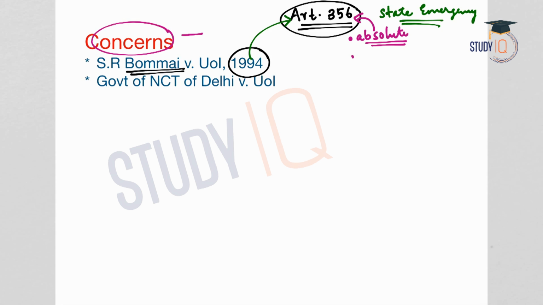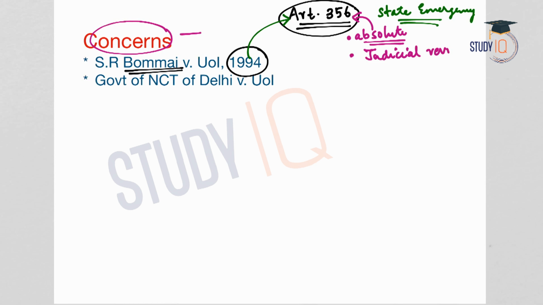The second important highlight of the judgment was that the presidential proclamation under Article 356 is subject to judicial review. That means if the President has declared a state emergency under Article 356, the state government can approach the judiciary in order to review the proclamation. So it is under the judicial review of the judicial system.